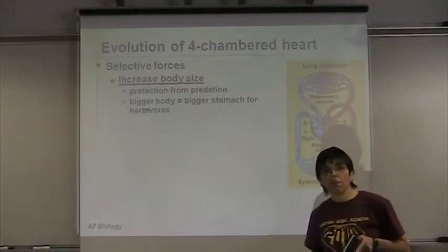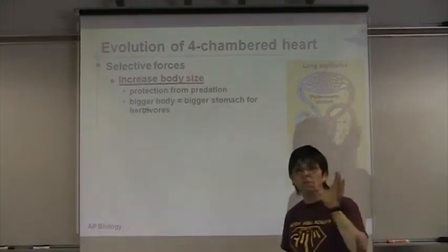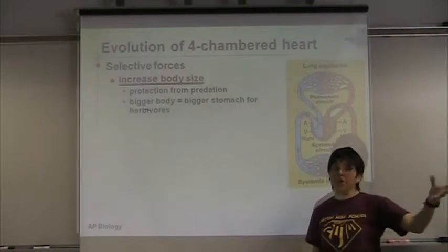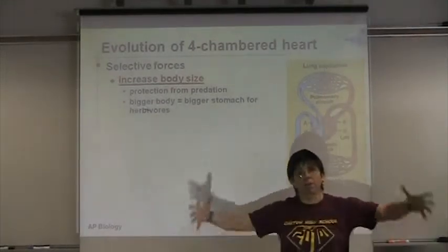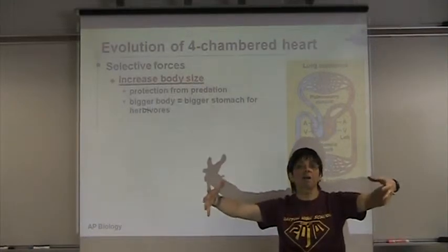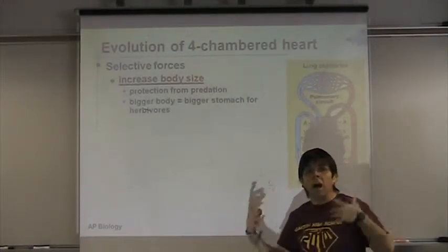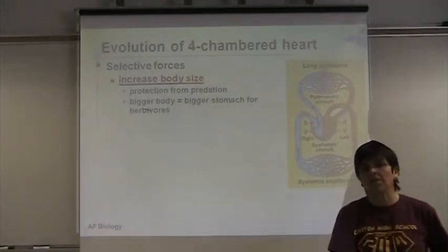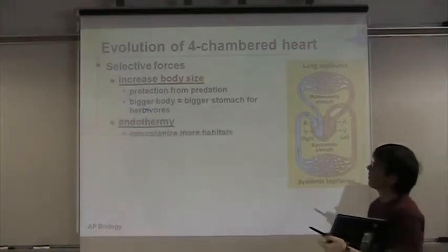Well, if you're a herbivore, or a carnivore for that matter, and you happen to find a good food source, guess what? You can fill it up. You can eat as much as you want because you have a big body, which also means you have a big digestive system. So you can eat as much as you want, and that can be stored later, as fat and other things for times when you don't have as much food around.